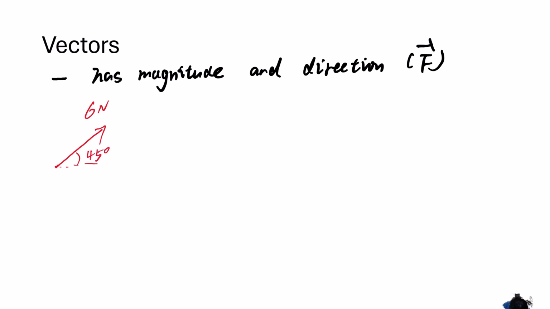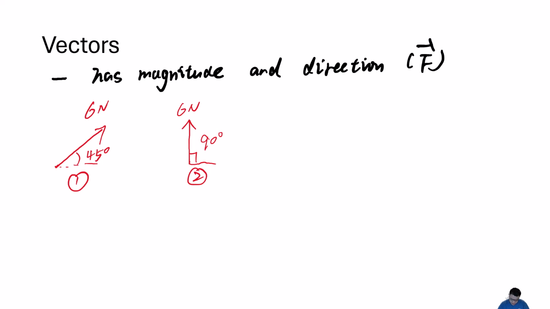Okay, so what if I have another force which is 6 Newton? Its angle with the horizontal line is 60 degrees. If it were a scalar, we would say 6 is always equal to 6, but force is a vector. So does the first vector equal the second vector, even though their magnitudes are both 6 Newton?